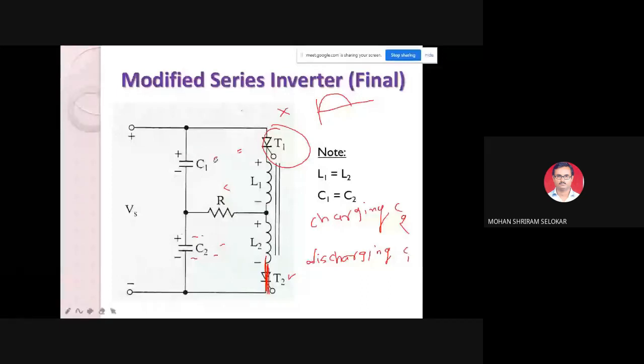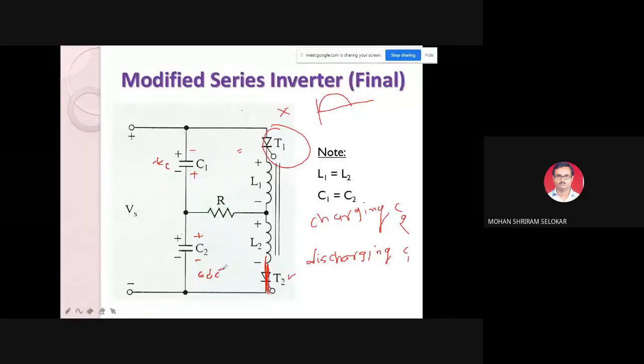Students, now see, at the end of this cycle, what was my situation? I said this is negative and this is positive, with negative EC, and just now I said this is positive and negative, with the voltage across it being EDC plus EC. Okay, fine. Now T1 is turned off at the end of this cycle. Now again the negative half cycle should be provided.